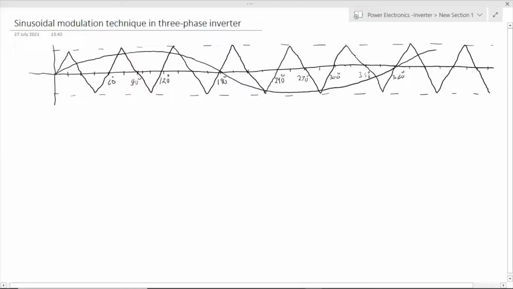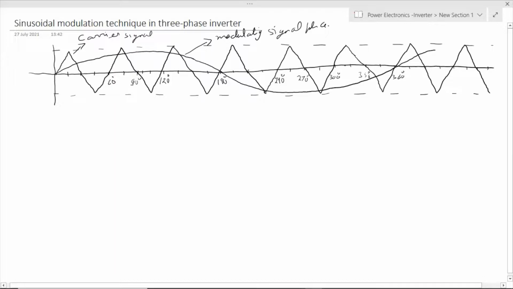So this triangular pulse is our carrier signal, and this is our modulating signal for phase A.